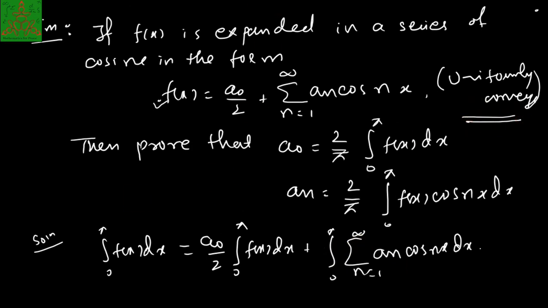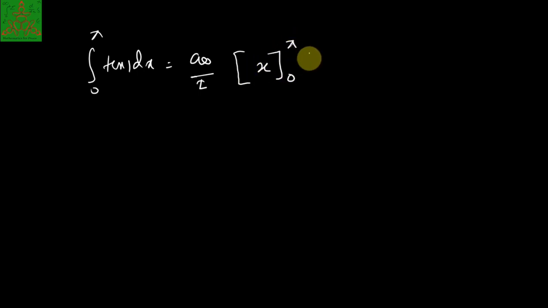So we can write integration 0 to pi f of x dx is equal to a0 by 2 times the integration of the constant quantity 1, that is x from 0 to pi, plus summation n running from 1 to infinity an is constant, so it is integration 0 to pi cos nx dx.